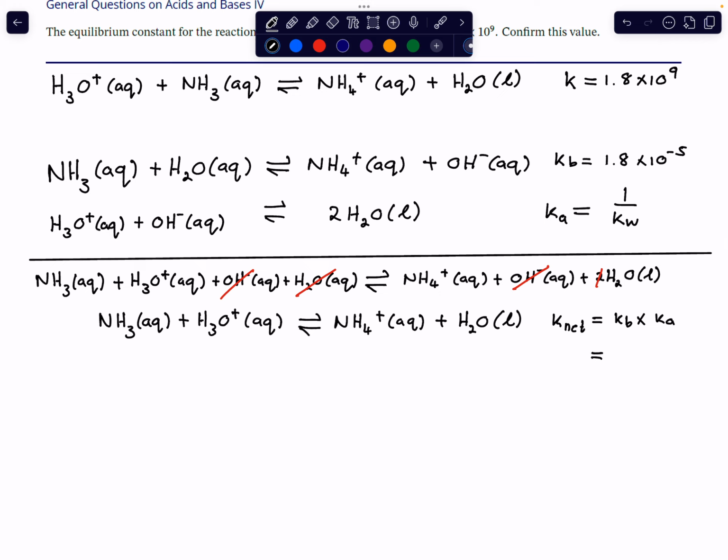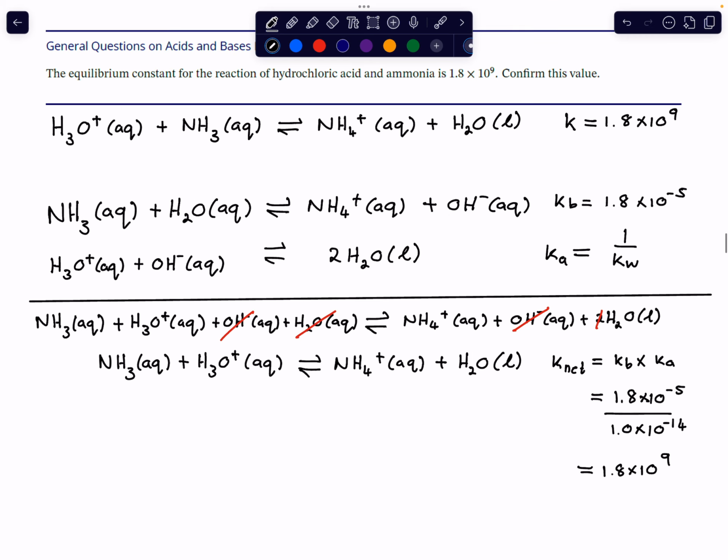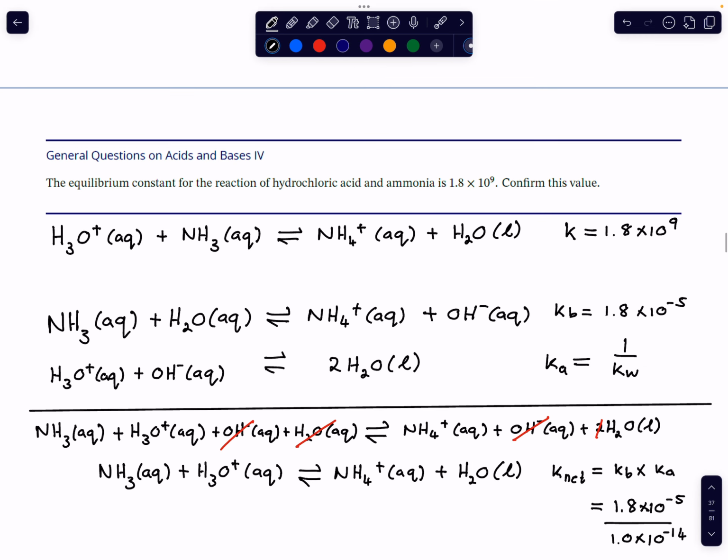And that means we must take 1.8 times 10 to the negative 5 divided by Kw, which is 1.0 times 10 to the negative 14. And if you do this, then you get 1.8 times 10 to the power 9, which is exactly what we wanted to prove.